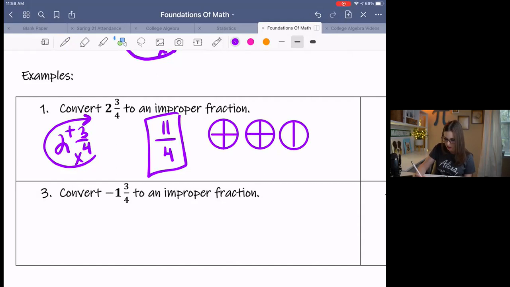And then 11/4 is going to be 1, 2, 3, 4, 5, 6, 7, 8, 9, 10, 11. So that's how it's related to that 2 3/4. So that's the picture form of it.